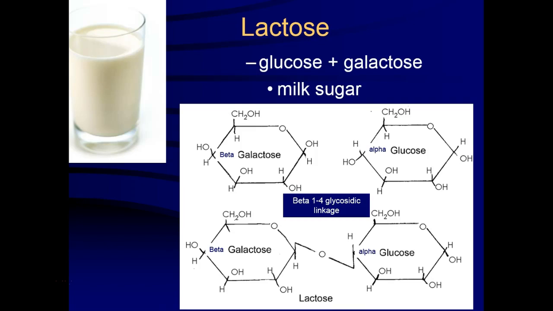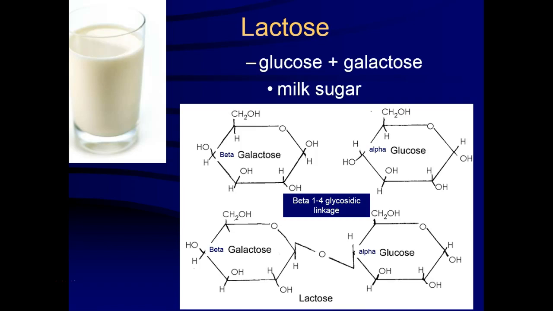Now, lactose, as we call it in milk sugar, is composed of 2 monosaccharides. You'll recognize that leading the way here in the front is galactose. In fact, the form that we learn with the hose on top is what we call beta-galactose. Beta-galactose. And it forms a covalent bond with glucose.